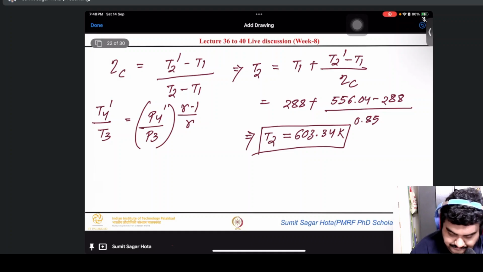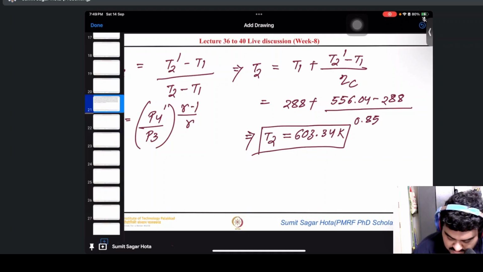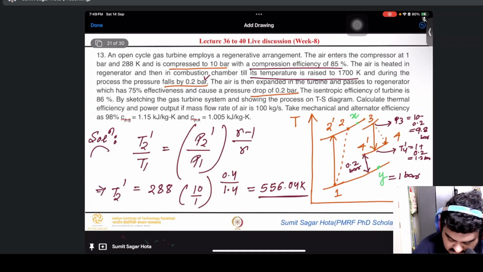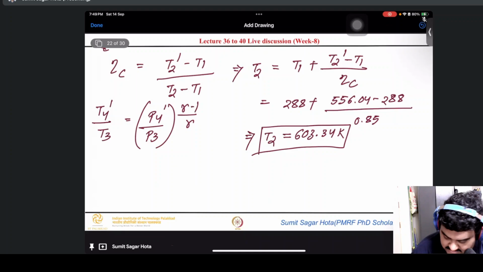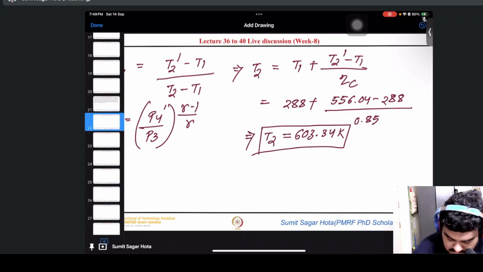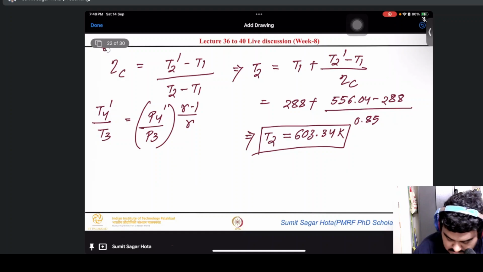In the question the Cp of gas is given but gamma isn't given, so we have to find the gamma first. So what is the Cp of the gas?